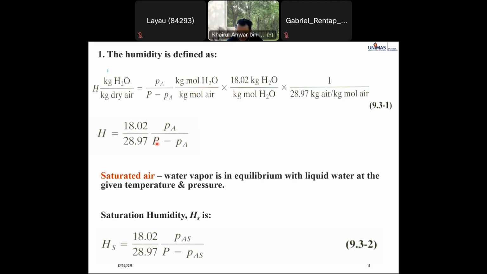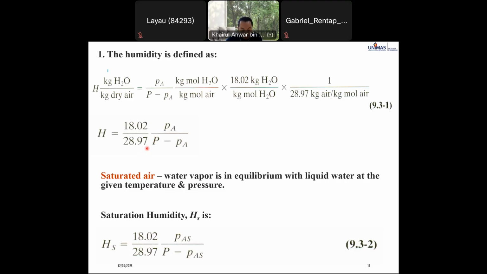P here refers to the total pressure, which is 1 atm or 760 mmHg or 101.325 kilopascal. It's atmospheric pressure.